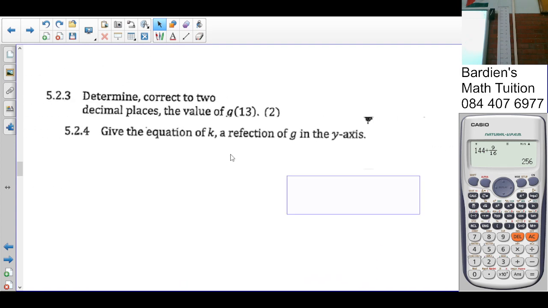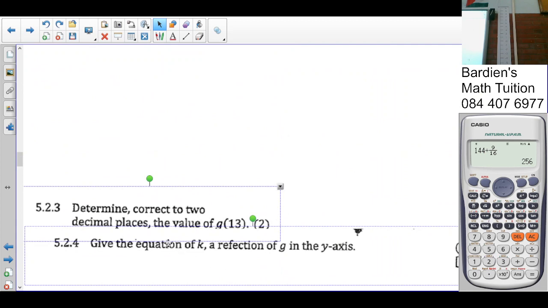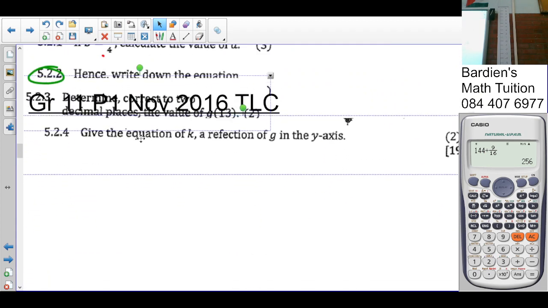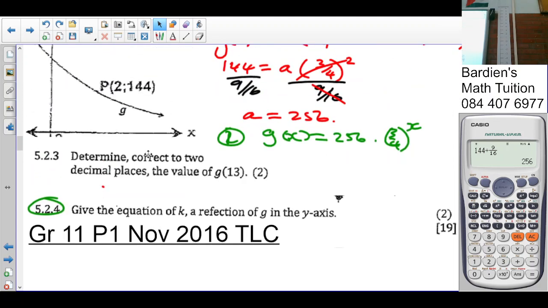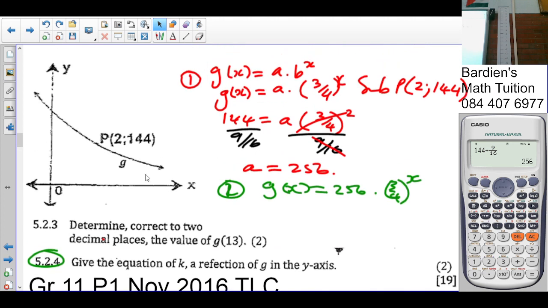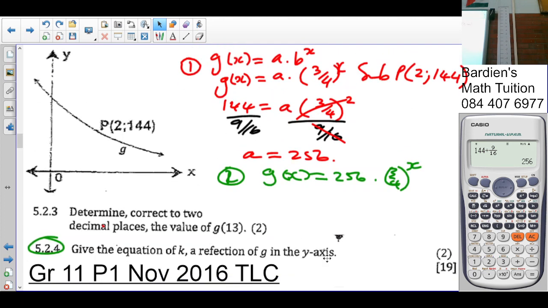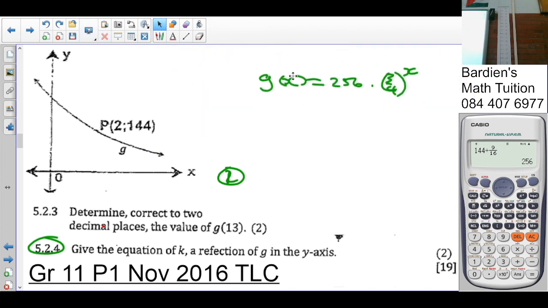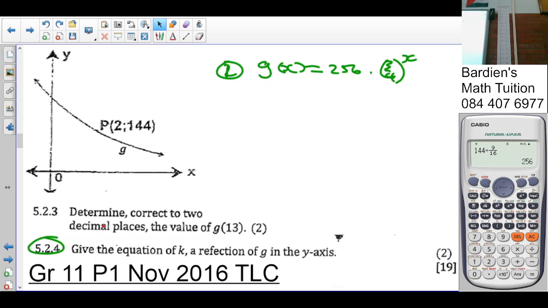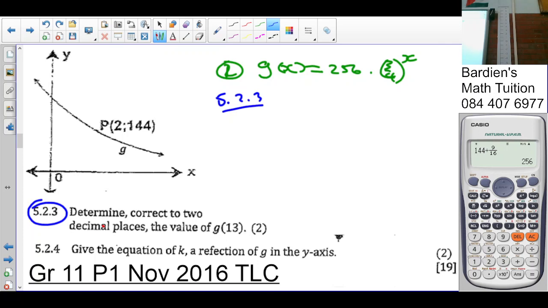The next question says, determine correct to two decimal places. So in 5.2.3, determine correct to two decimal places the value of g of 13.